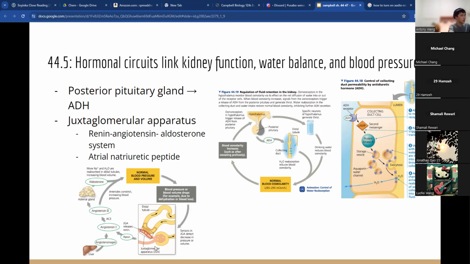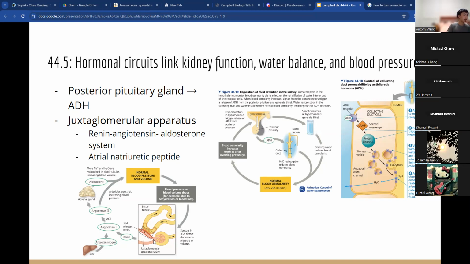There's a part of a blood vessel called the juxtaglomerular apparatus that detects low solute, low filtrate flow through the distal tubule, right? When it does that, it releases something called renin. Low solute flow means that you don't have enough water and salts in your blood, and therefore you need to reabsorb more.